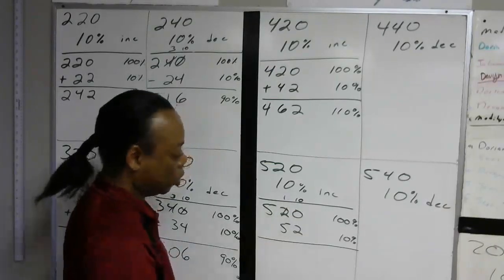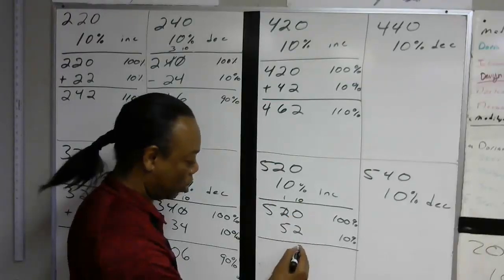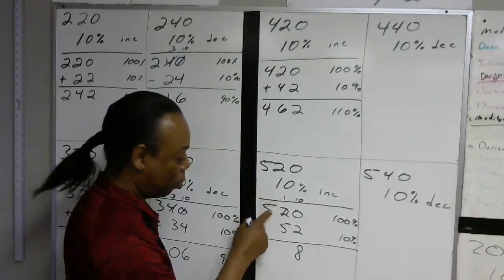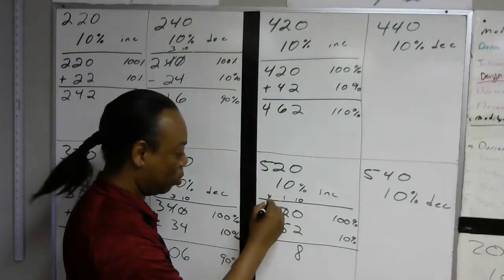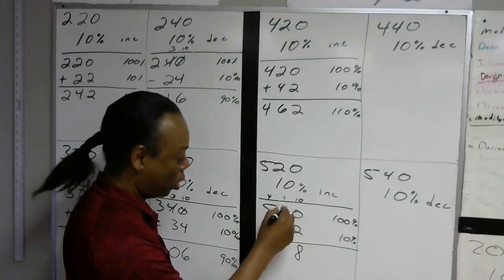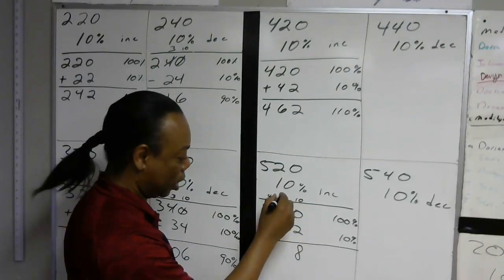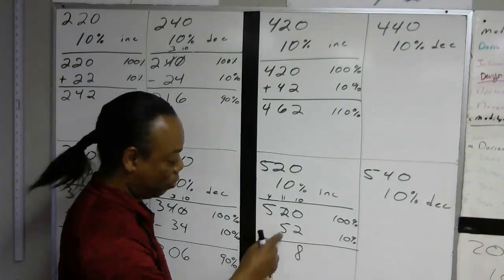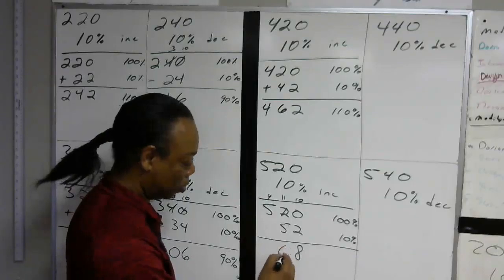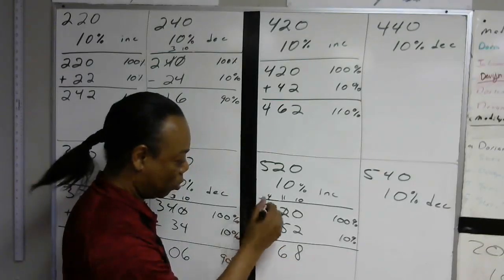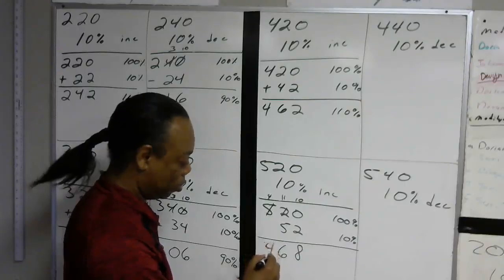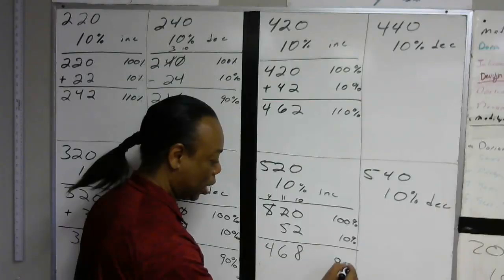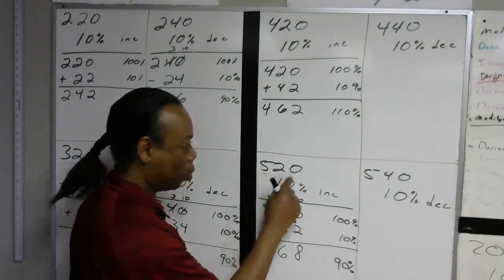Okay. So now we can take 2 from 10, we'll get 8. We cannot take 5 from 1, so we borrow from the 5 here, and it becomes a 4. And the 1 now becomes a 11. So 5 from 11 leaves 6. And then this is 4. So 468 represents 90% of the original 520.